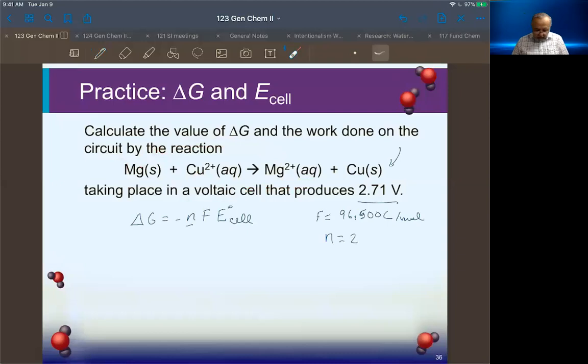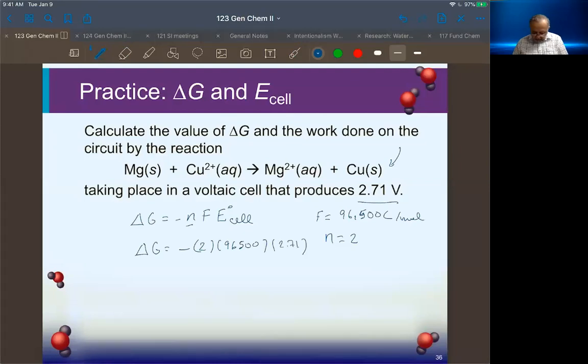So the delta G is going to be equal to minus 2 times 96,500 coulombs per mole. So the moles are going to cancel. This is 2 moles and this is coulombs, so I'm not going to worry about it. And then we're going to get the voltage of the cell, which is 2.71.